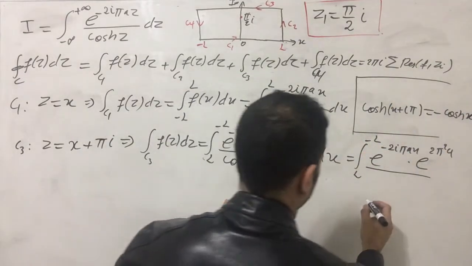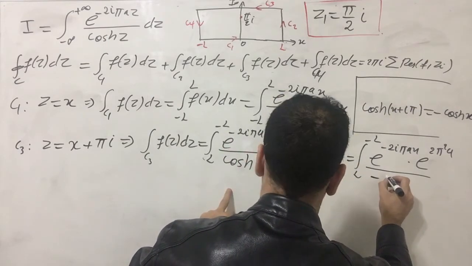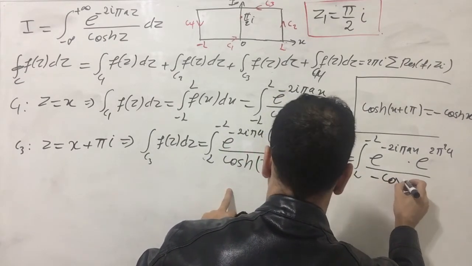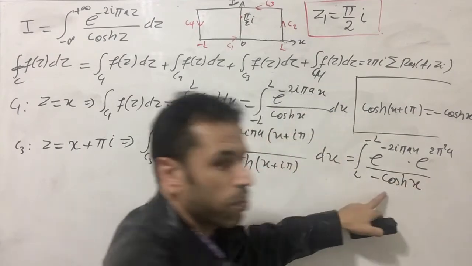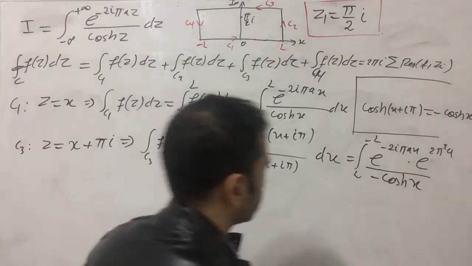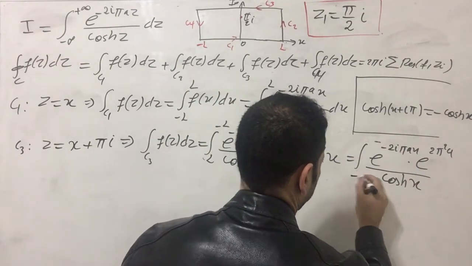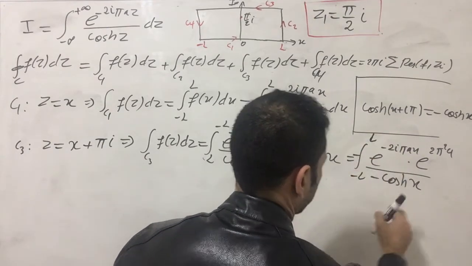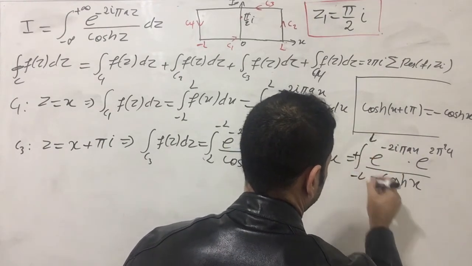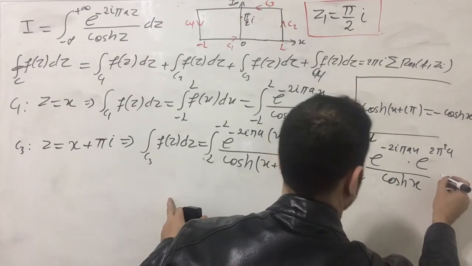So this gives us minus cosh x. With this, I'm going to switch the bounds from minus L to L, and the minus becomes plus. We have dz equal to dx.